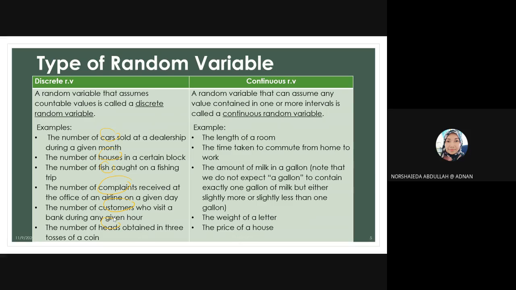For continuous random variable, continuous ni variable that is uncountable but it is measurable, yang kita kena measure. For example, the length, the time, the amount of milk in gallon, the weight, the price. So these are examples of continuous random variable.